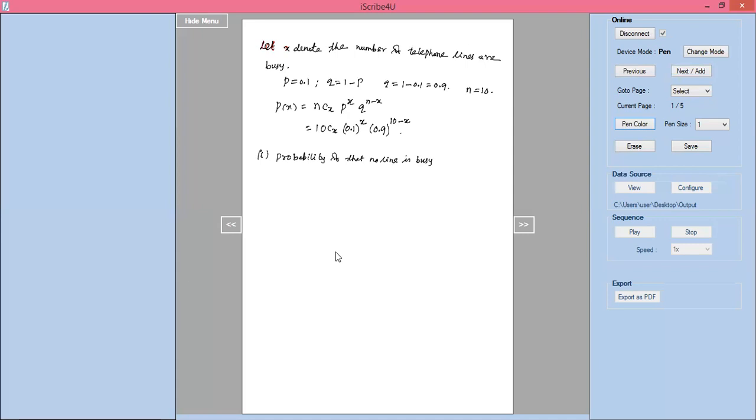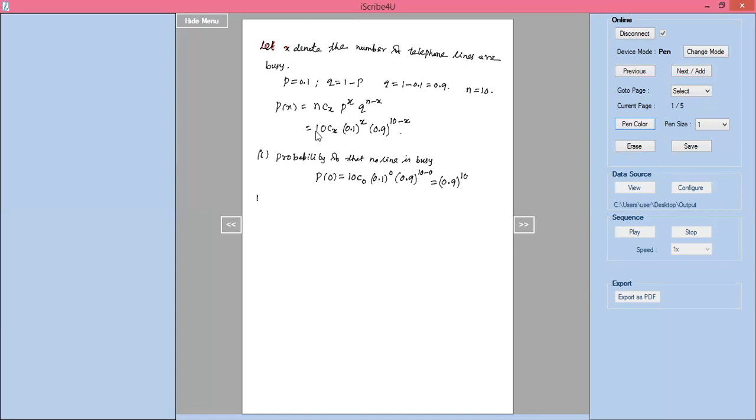So that is P of 0 equal to 10C0 into 0.1 whole power 0 into 0.9 whole power 10 minus 0. Anything power 0 is 1, and 10C0 is 1. So you can write 0.9 whole power 10. This is the probability that no line is busy.